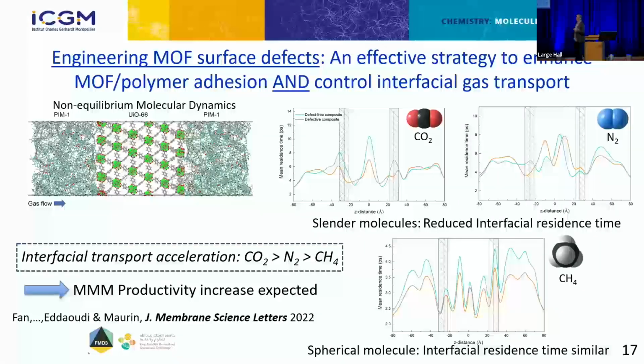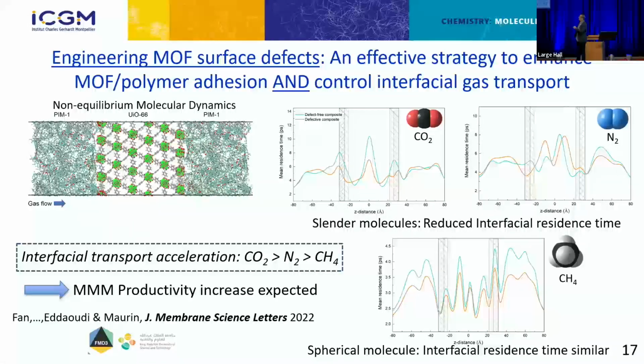Then after this, we want to understand what's going on for the permeability of the different gases in this defective system. Here, we plotted the mean residence time using non-equilibrium molecular dynamics for CO2, a slender molecule, N2, and the spherical methane. Here you have the same color codes, and the defective one is in blue-green, and here is the orange.